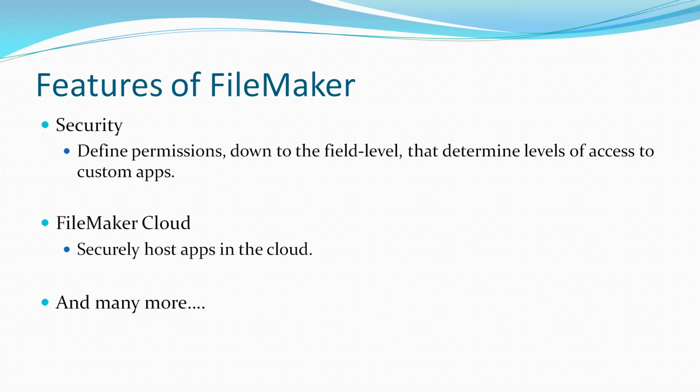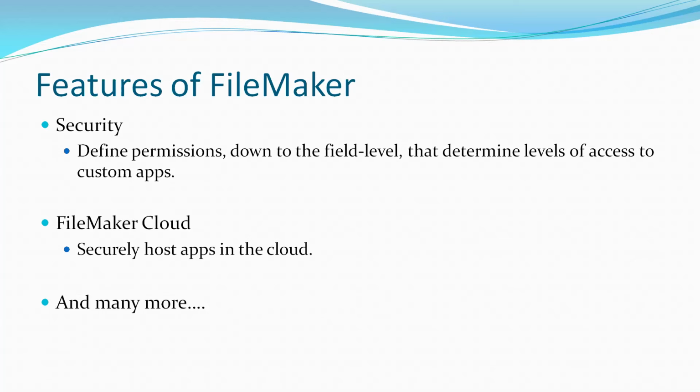It means that if you want to hide some information inside a specific field of a table from a user or some specific group of users, you can easily do that by configuring the privilege sets and user groups just by doing some configuration and clicking, and not by doing custom coding. That's the best part of the FileMaker security feature. FileMaker Cloud: you can easily and securely host your apps on the cloud, which can be FileMaker Cloud, or if you want to use any other cloud services.